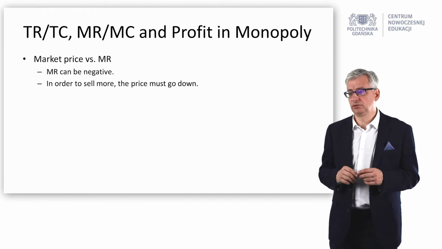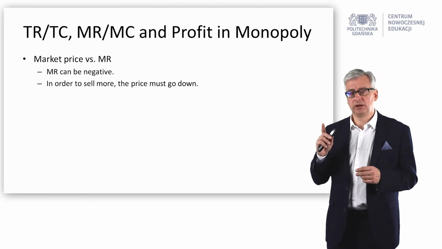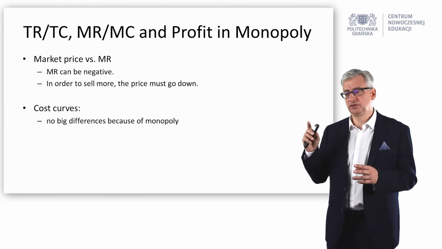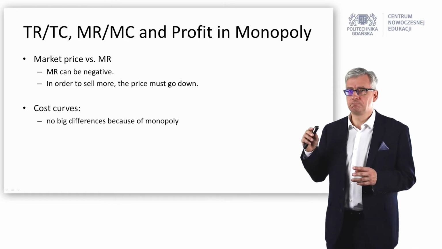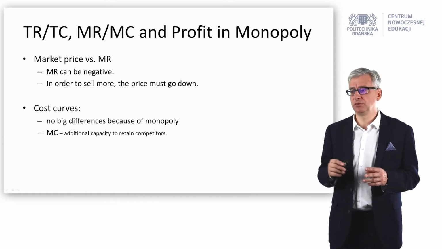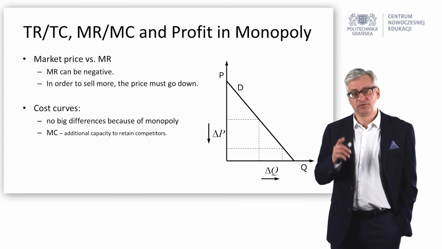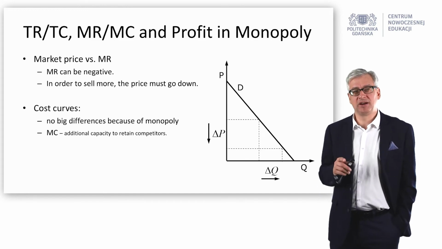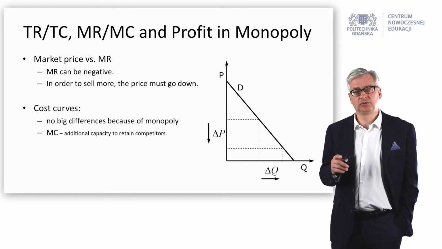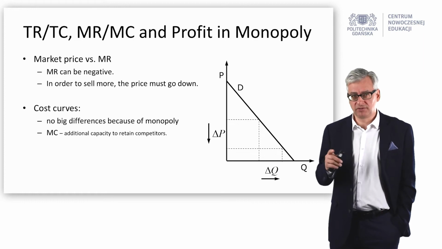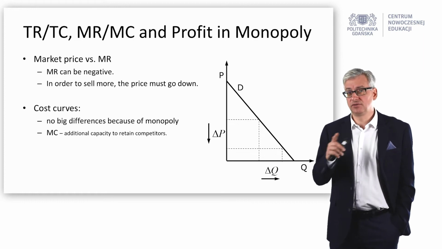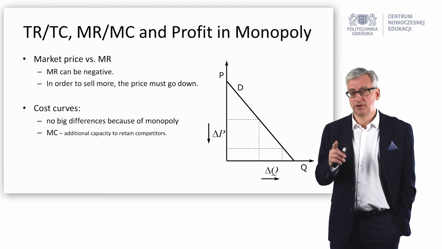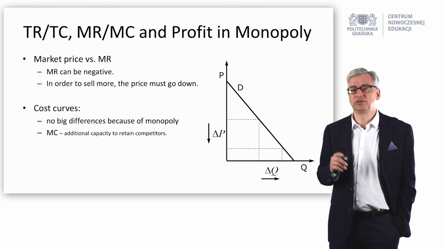Before we proceed to that, however, let's mention some additional features of the monopoly. So first of all, market price is not equal to marginal revenue anymore. They are kind of related, but they are not equal to each other.